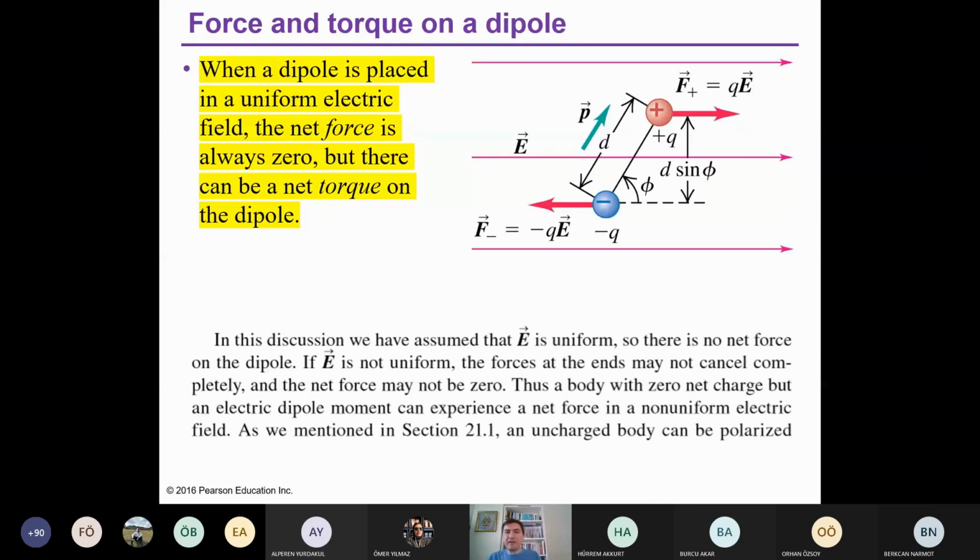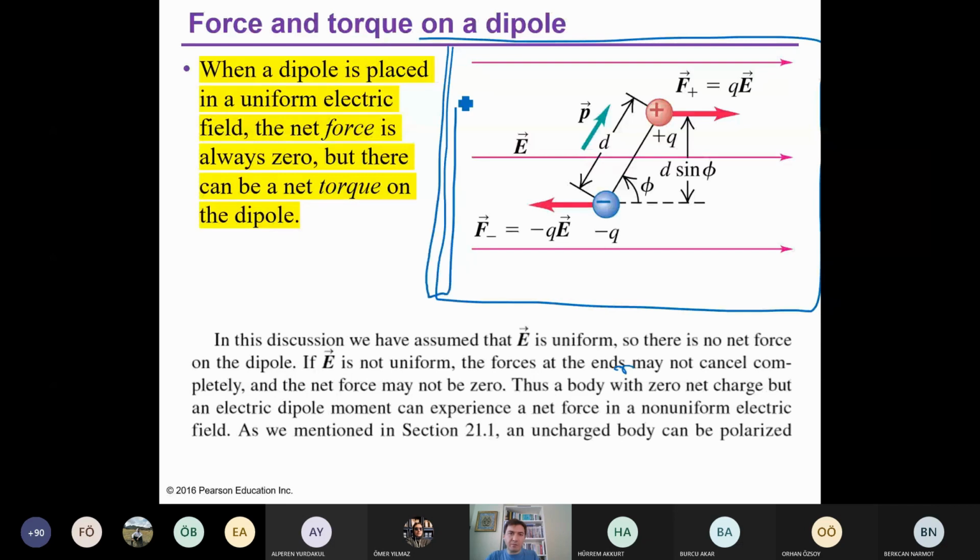So now let's have a look at this picture on the right side. Here we have an electric field source. Just consider that here I have a plate. This is positively charged. And here I have another plate. This is negatively charged. They have a certain distance in between, d, and we have a uniform electric field between these plates.